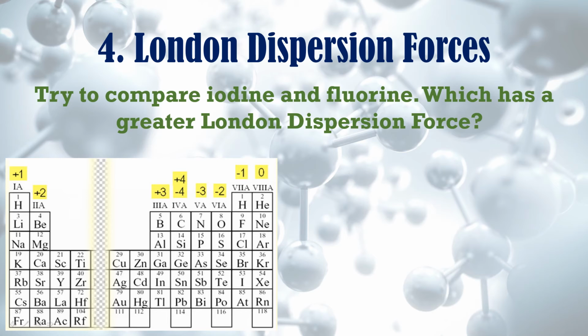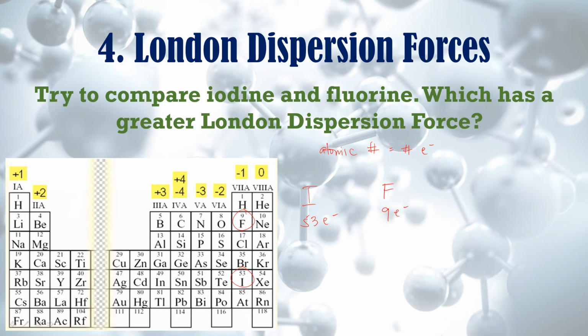So take note, from the periodic table, the atomic number represents the number of electrons. And the greater the amount of the electrons, the bigger the size of the atom. So between iodine and fluorine, if you can see at the periodic table, iodine has 53 electrons and fluorine has 9 electrons.